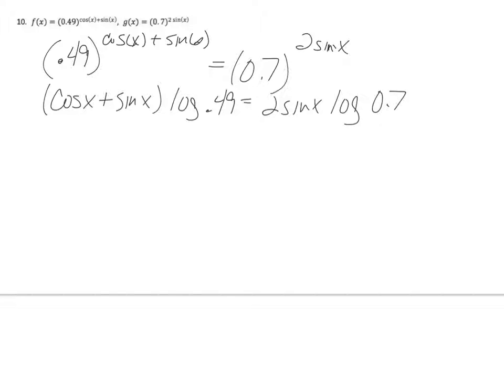I think there's actually a few things that you can do here. If you can recognize that 0.7 squared is 0.49. 0.7 raised to the second power is 0.49, but I didn't see that first off, so I'm going to ignore that for a minute and see if I can still solve it, just not realizing that little connection.